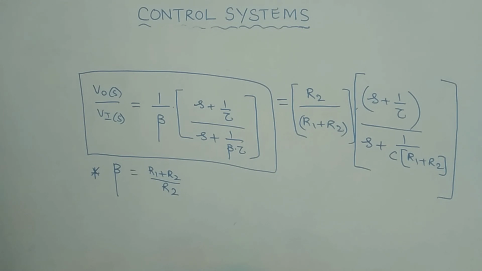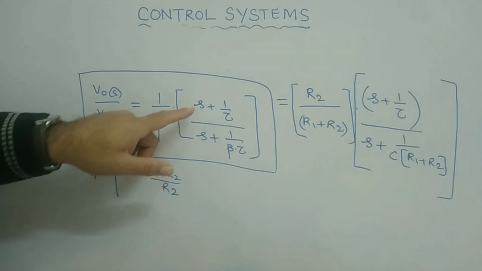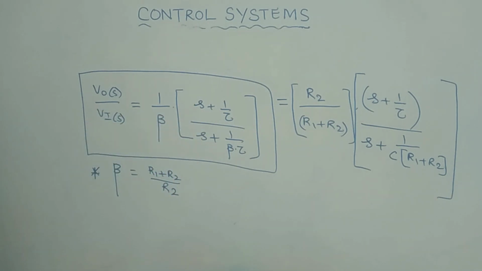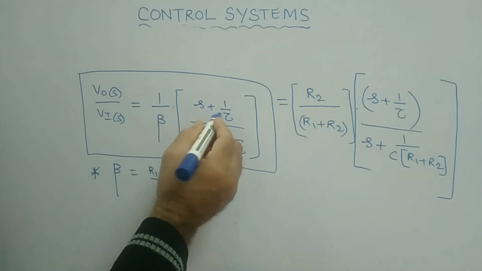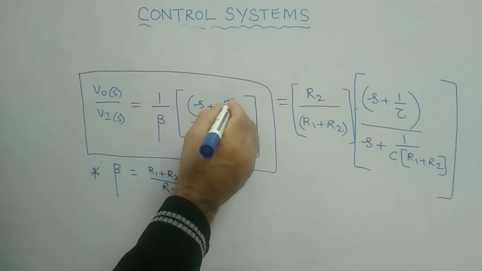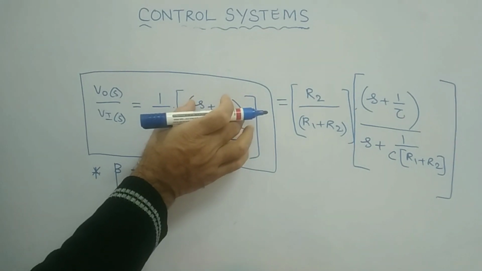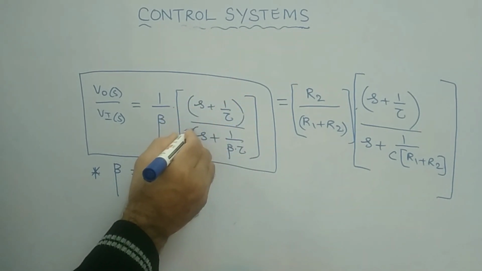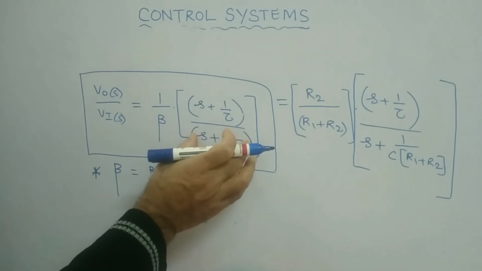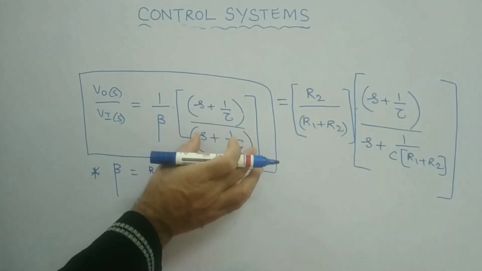Is it clear? So this is the transfer function, 1 by beta into S plus 1 by tau by S plus 1 by beta tau. Here S plus 1 by tau is the zero, as well as S plus 1 by beta tau is the pole.